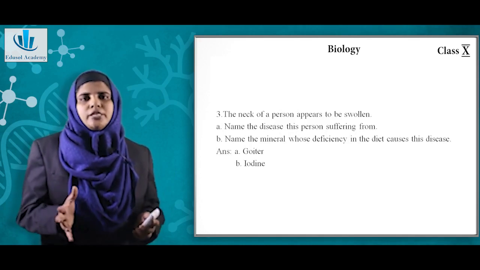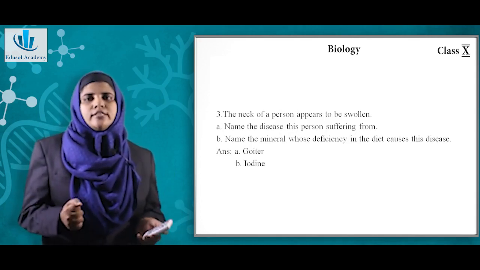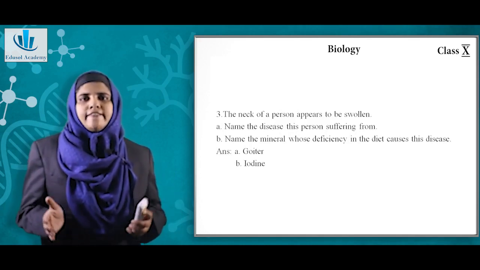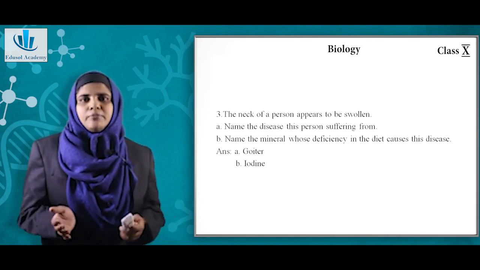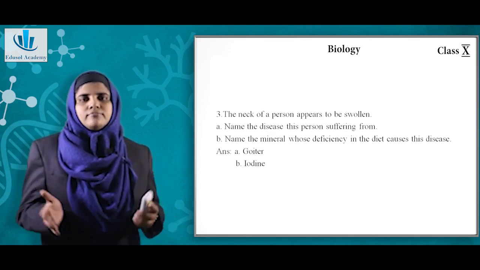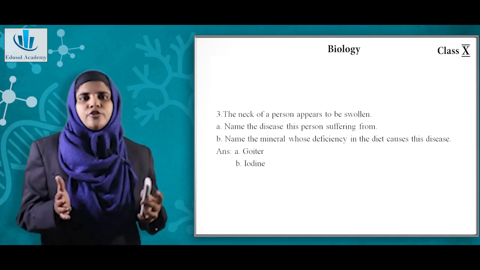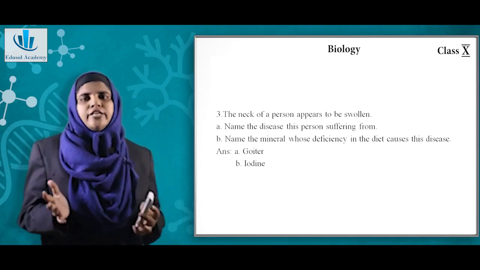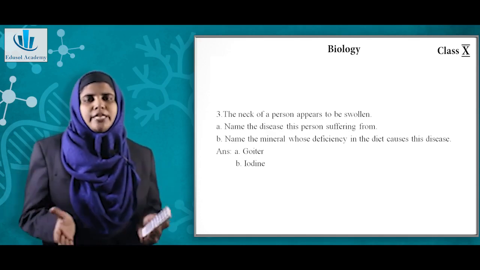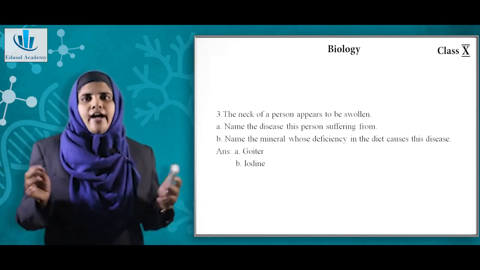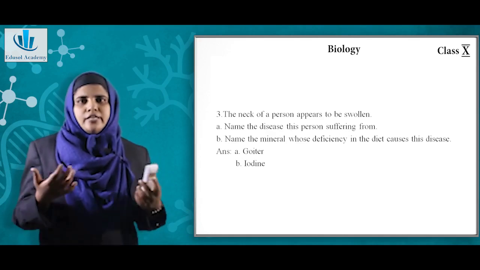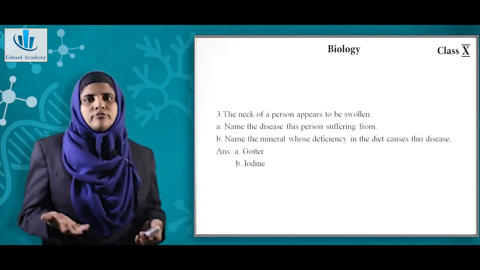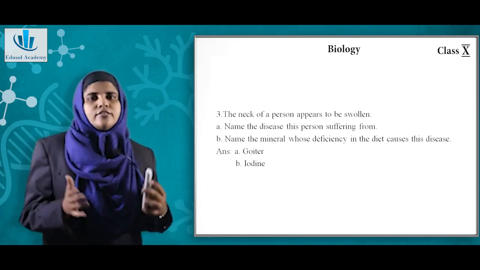Now, the neck of a person appears to be swollen. So, name the disease this person is suffering from and name the mineral whose deficiency causes this disease. So, here you know in front of your neck you have a butterfly shaped gland called thyroid gland, and if there is deficiency of the hormone thyroxine, the disease is goiter.